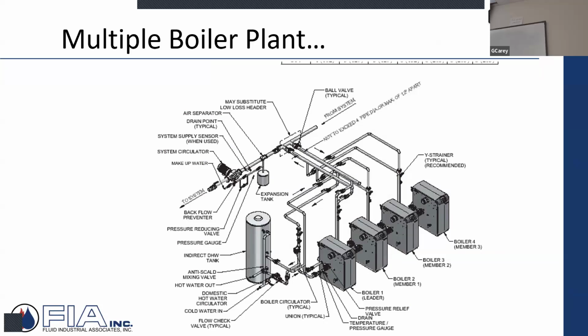Now we're in a boiler plant. Got multiple boilers. These could be 4 million each, so I've got 16 million BTUs here, each with its own boiler pump on a manifold feeding a massive complex, or maybe the boiler plant that's feeding a campus. It could be college dorms, college office buildings.